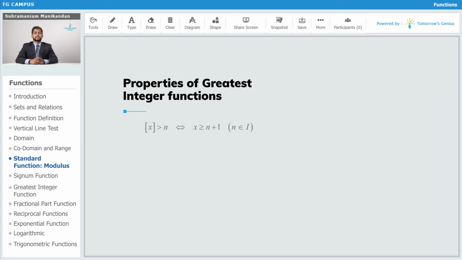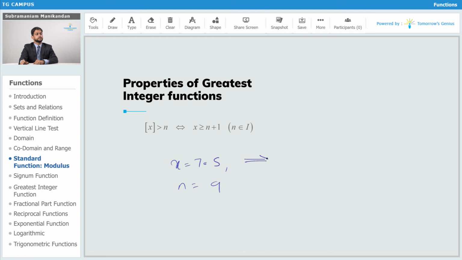Next property of greatest integer functions: if box of x is greater than n, then x value, the actual value of x, is greater than or equal to n plus 1. For example, x is equal to 7.5 and n equals 9.